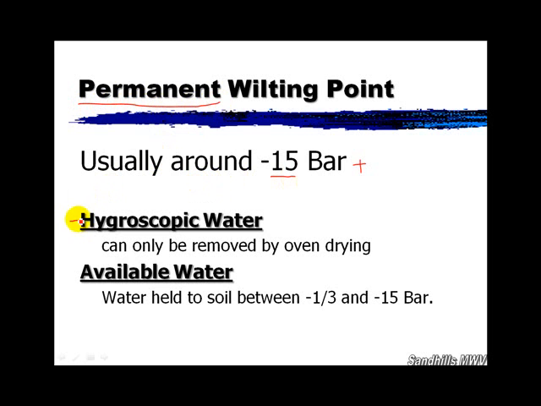So this hygroscopic water, that's water that's attached to the soil particle very strongly, and it can only be removed by oven drying. Anything between negative 1/3 bar, which would be a third of 14, which is a little bit over 4.5 PSI, to 217 PSI is available for the plant.